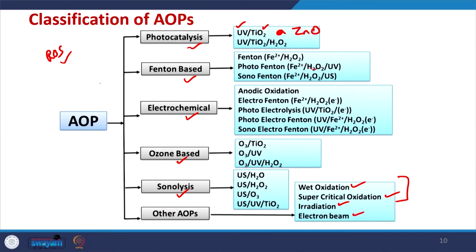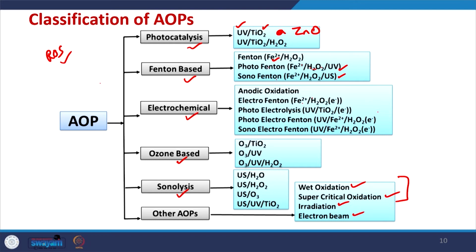Similarly, Fenton based methods use an iron type of catalyst, iron in its 2 plus valency form, along with hydrogen peroxide, or other techniques like UV rays, ultrasound etc. may be used, but generally they essentially require an iron catalyst in Fe2 plus form.